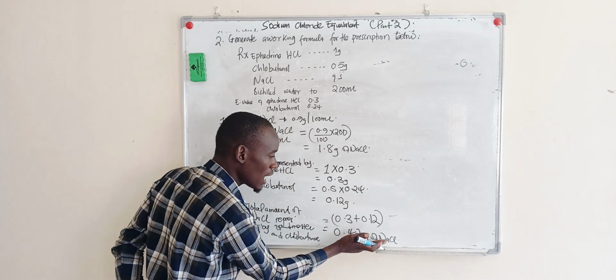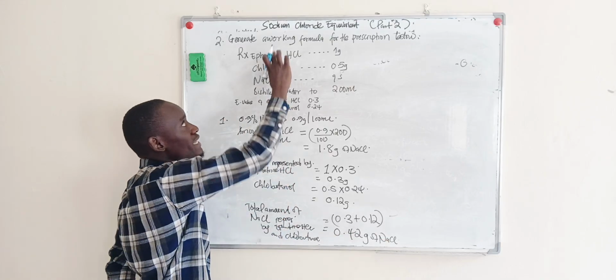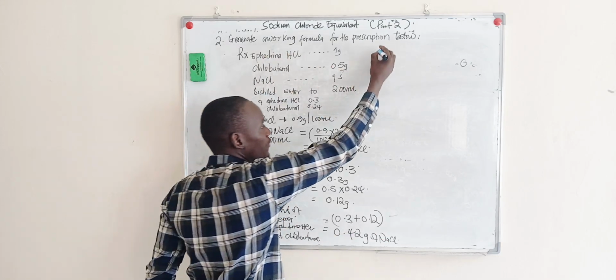So this is the total amount of sodium chloride represented by the ingredients in the formula.